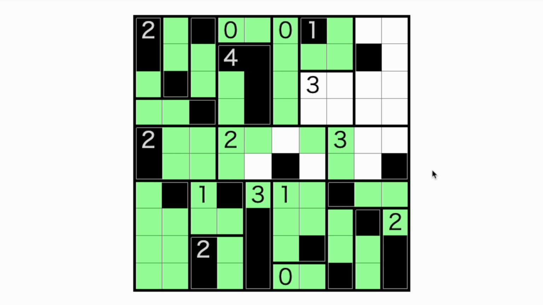If they could have more than 1 shaded cell, you could unshade any of those cells and still have a valid answer to the puzzle. No, wait, is that true? Ooh, that might be false because of the Heyablock rule. I have to think about that some more. Yeah, the Heyablock rule means that is false on its face, but there could still be a reason why it's true from connectivity for the contiguous shaded area. I'm going to have to play with that a little bit.